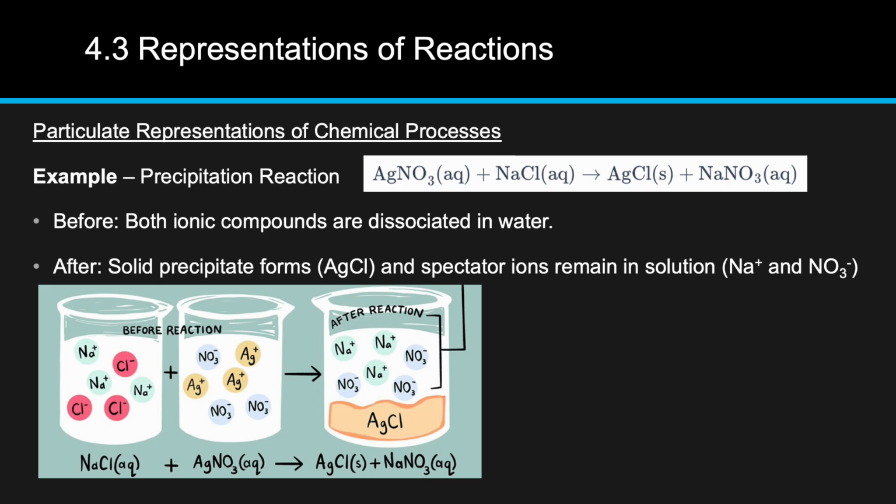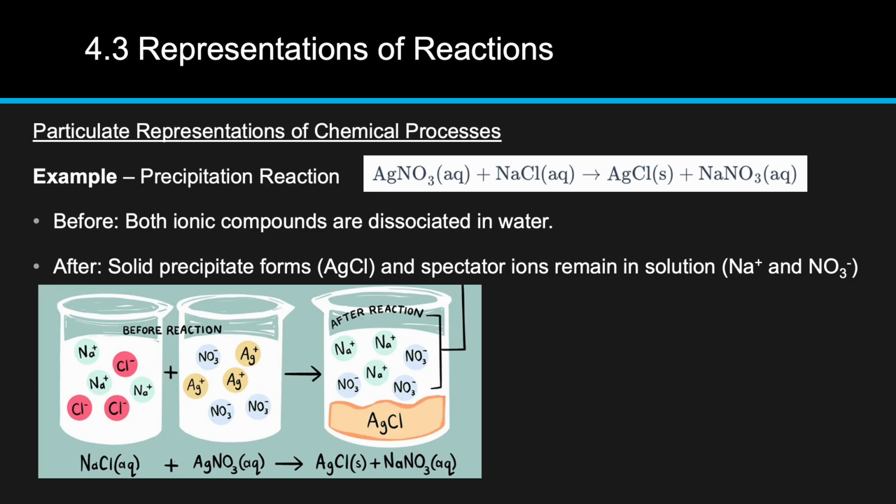Now let's look at a chemical process with a precipitation reaction, which is what we learned about last lesson. Before the reaction, we have both our ionic compounds, silver nitrate and sodium chloride. They are dissolved in water, so their ions are free and moving around separately.